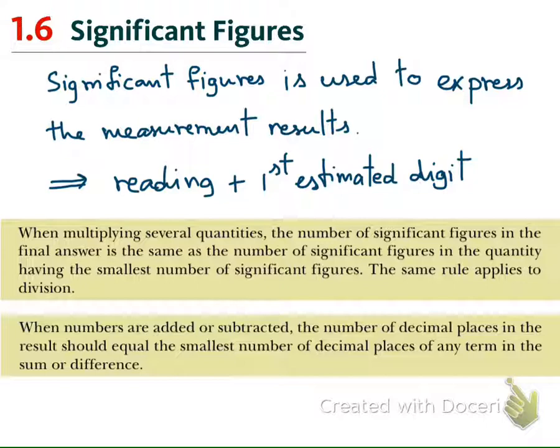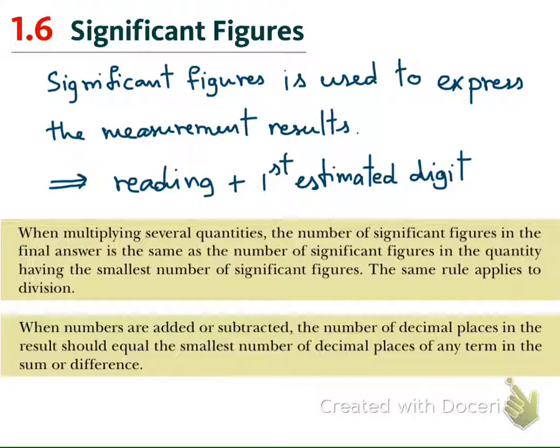When you multiply several quantities, the number of significant figures in the final answer is the same as the number of significant figures in the quantity having the smallest number of significant figures. The same rule applies to division.